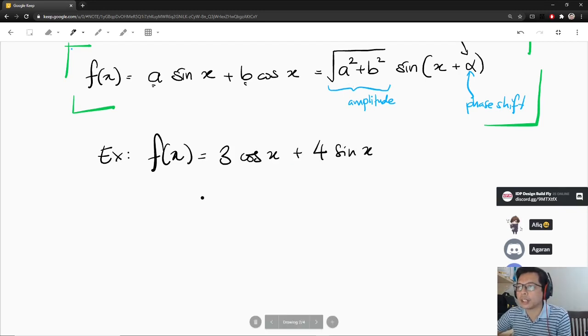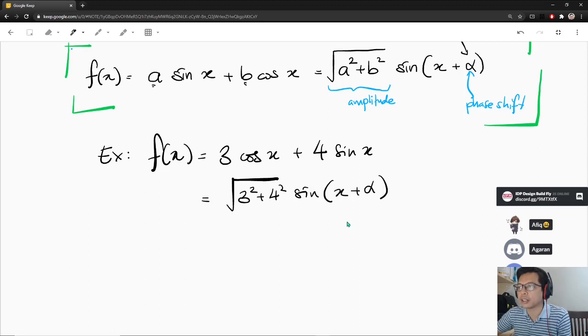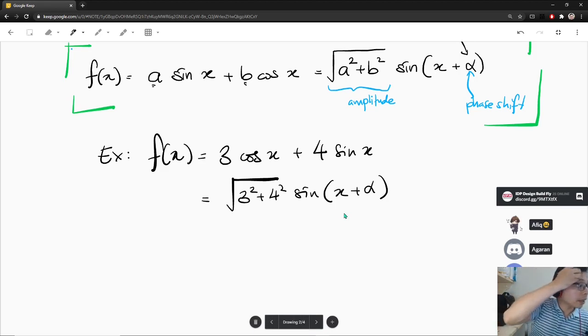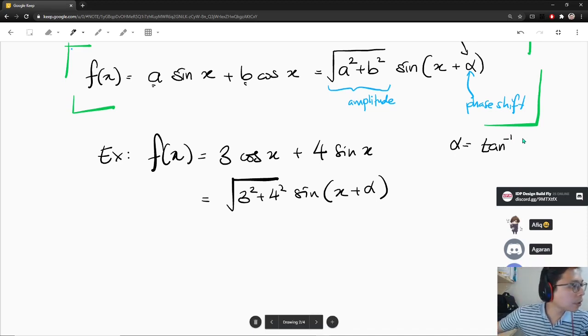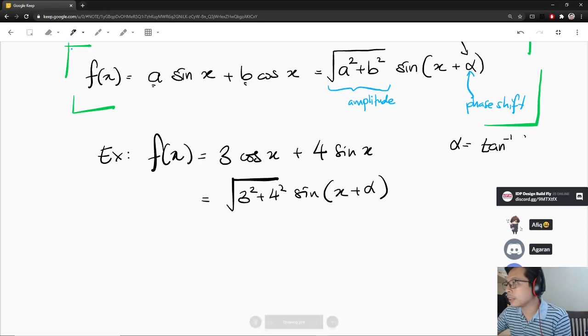I can convert this into the square root of 3 squared plus 4 squared, times sine of x plus some phase shift, which I don't know yet. Oh, I forgot, there's another rule for this. The phase shift alpha is the inverse tangent of the coefficient of cosine over the coefficient of sine. Keep this in your notes as well.